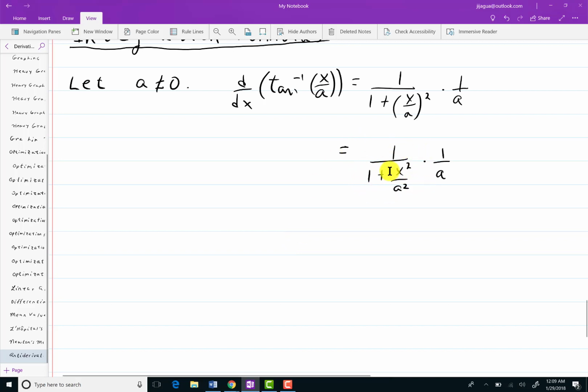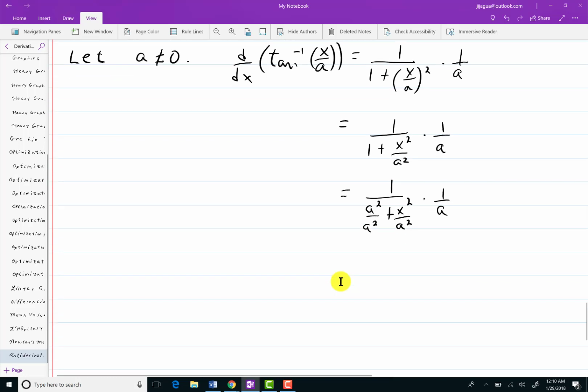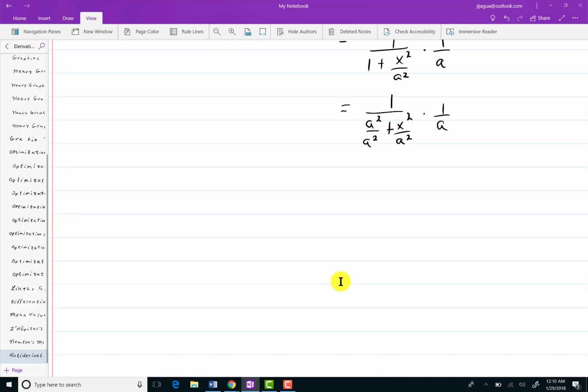Let me get in the denominator a common denominator down there. So I'll rewrite the 1 as a squared over a squared. Now I can combine the fractions in the denominator, and I'll get 1 over a squared plus x squared. That part is over a squared, and don't forget times 1 over a.